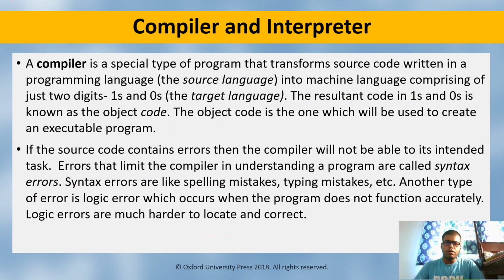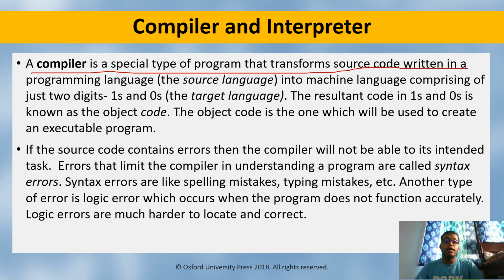Now come to two things: the compiler and the interpreter. A compiler is a special type of program that transforms the source code written in a programming language, that is the source language, in our case C, into the machine language comprising just two digits, ones and zeros, the target language.